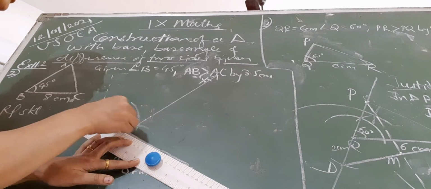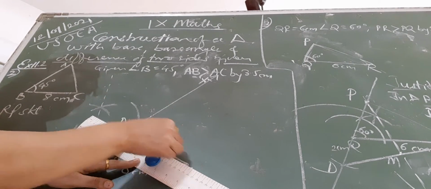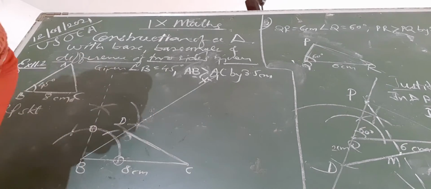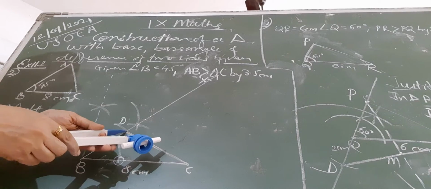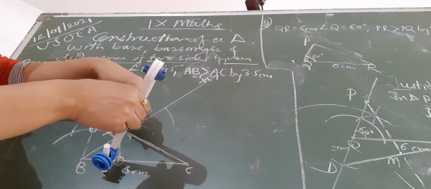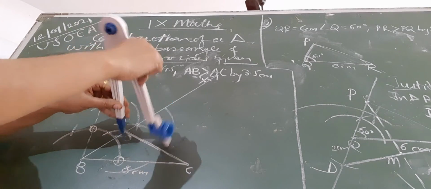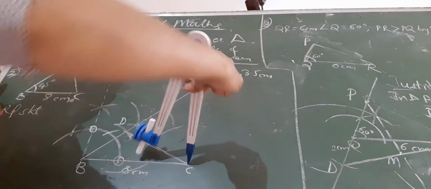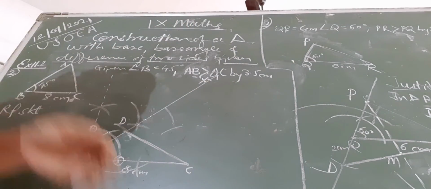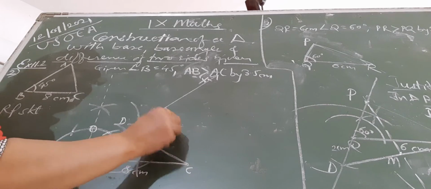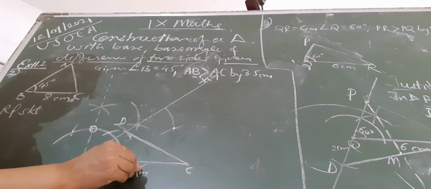Join D to C, and now we have to find the perpendicular bisector of it. For finding the perpendicular bisector, take a distance more than half and mark the arc from D and C up and down. From this point also up and down. So now we are going to get two intersection points, this point and this point.